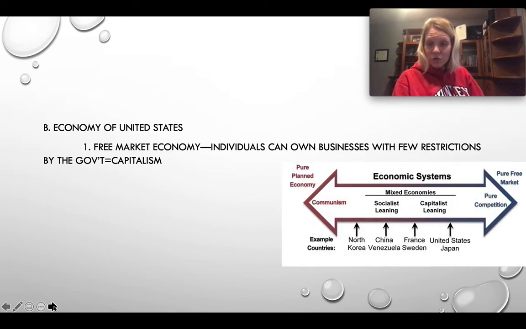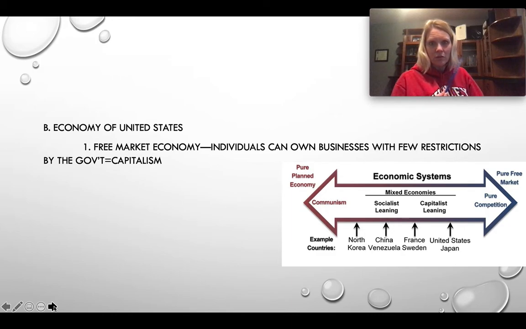So there we have our economic system. You can see we are more capitalist leaning. We rely on market competition, which means this idea of supply and demand. If I'm going to make it, I've got to make sure somebody wants to buy it. So let's say I want to go into making pens. Well, I can make whatever kind of pen I want, but if it's a crummy pen, nobody's going to buy it.